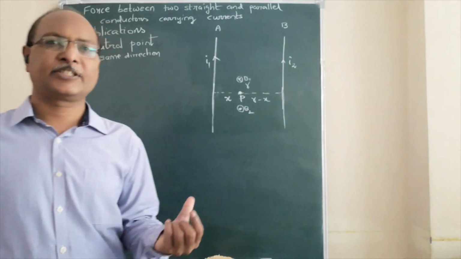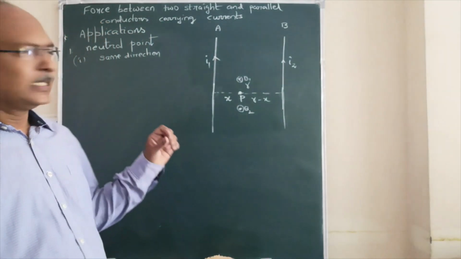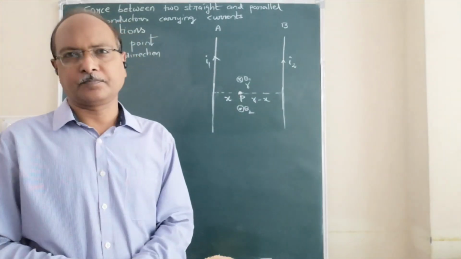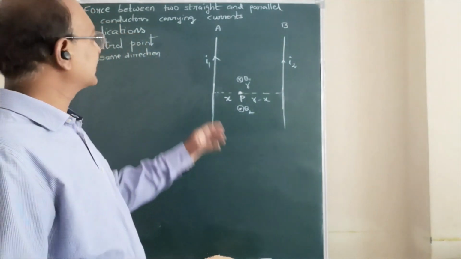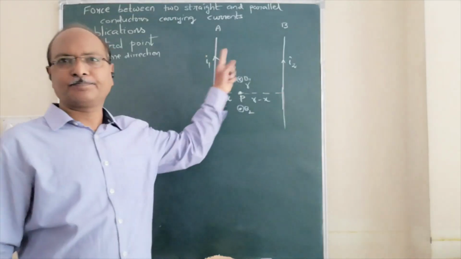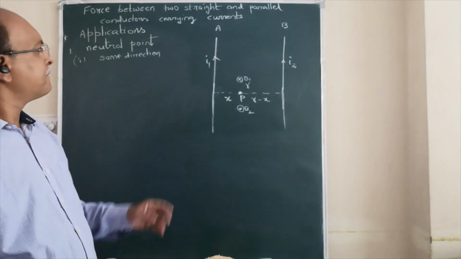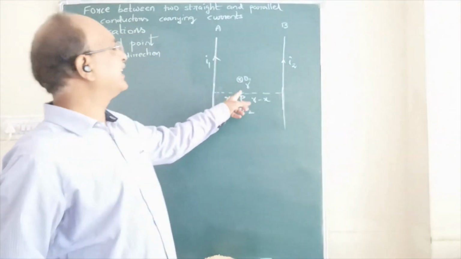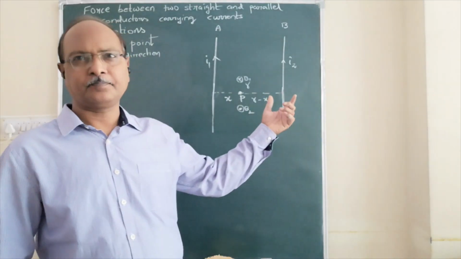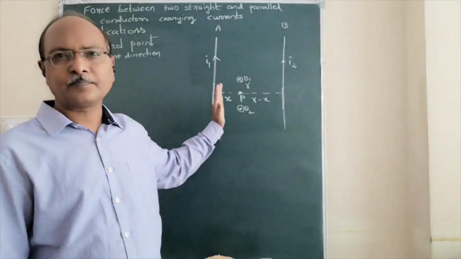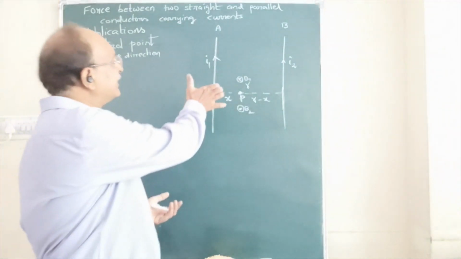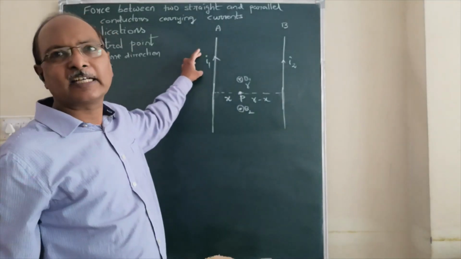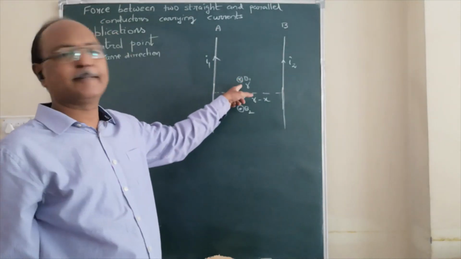Now we discuss the applications. So first of all, we find the position of the neutral point between the two conductors. First we take currents in the same direction. Suppose you take any point P between them. Due to the first wire, the magnetic field B1 will be into the plane, by the right hand thumb rule.